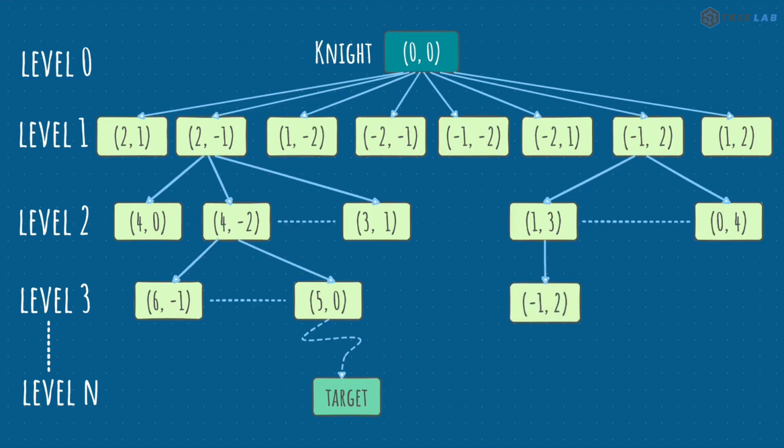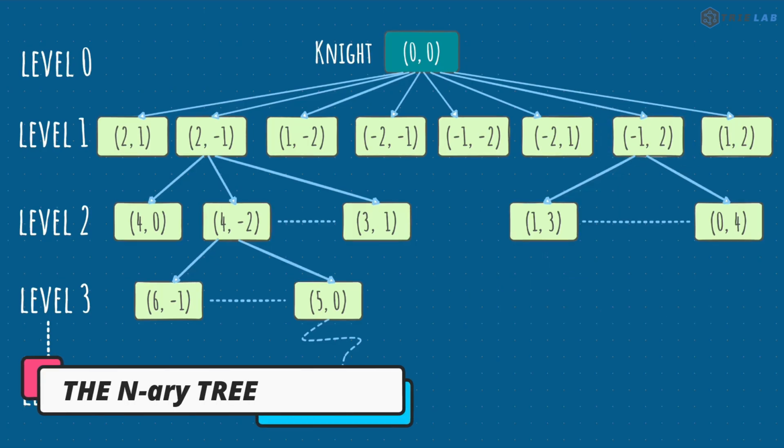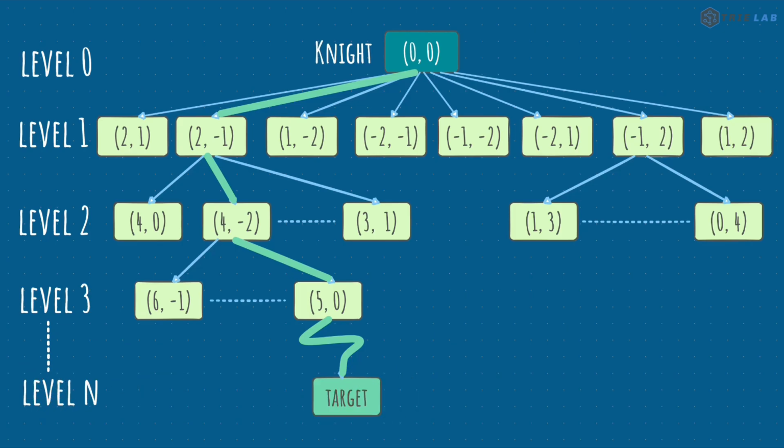Some positions might repeat, and we definitely don't want to visit the same cell multiple times. So we maintain a visited set to keep track of cells the knight has already reached. If you think about it, we are essentially building an N-ary tree where each node is identified by its cell coordinate and each node has at most 8 adjacent nodes in the next level.